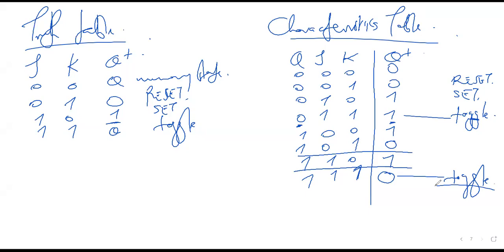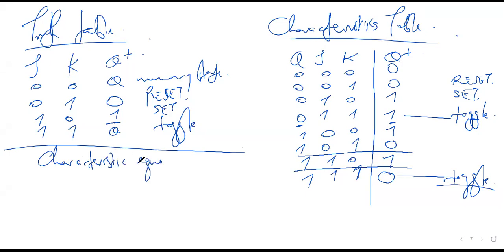This is the characteristics table. From the characteristics table, I can add what I call the characteristic equation. What is the characteristic equation? It shows me what my Q next will be.